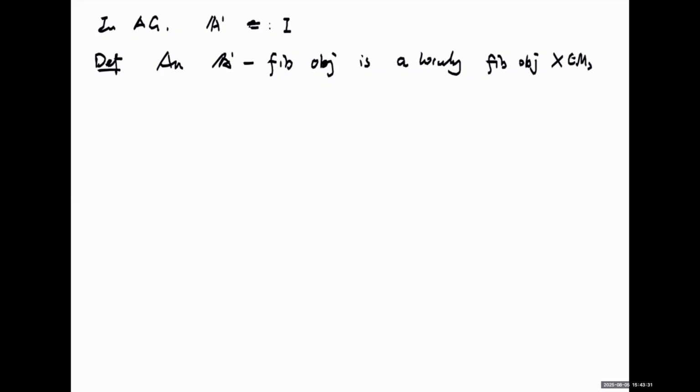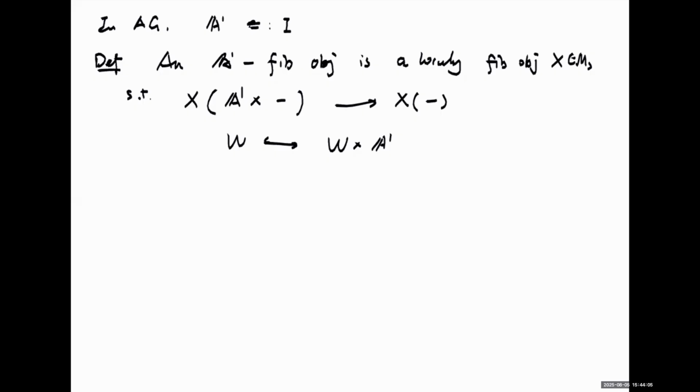Very similar. We have this definition: an A1-fibrant object is a locally fibrant object X such that, when you apply an A1 product with something, because you have an embedding W to W cross A1, then applying X on it, you get the inverse one.